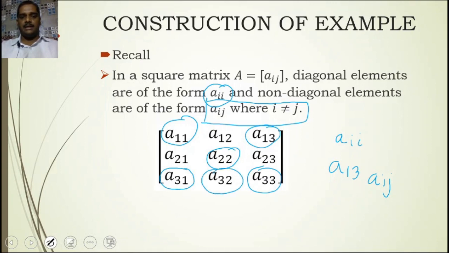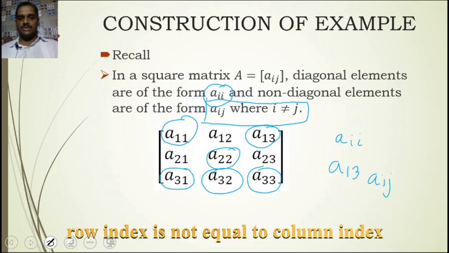You can pick A32, you can see i is not equal to j. So I'm trying to tell you a diagonal element is of the form Aii, the row index is the same as the column index, and a non-diagonal element is of the form Aij, where i is not equal to j.